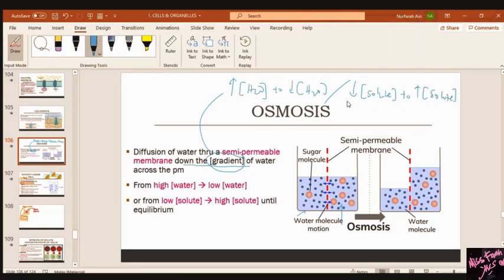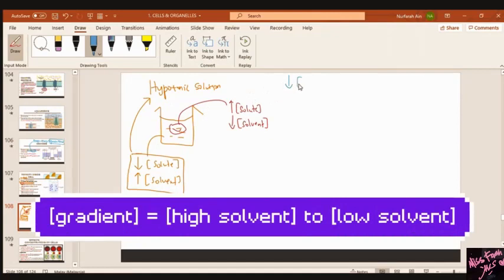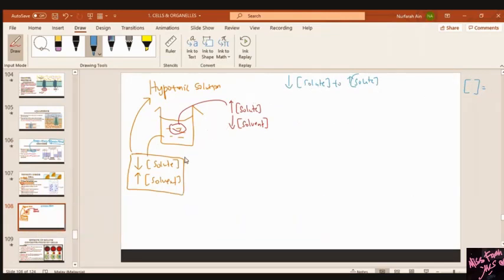This concept is essential in order to understand tonicity. So let's take this concept here. Water moves from low solute concentration to higher solute concentration. PS, when you see this symbol, this means concentration. Now you see the outside is a hypotonic solution, which means it has low solute concentration.